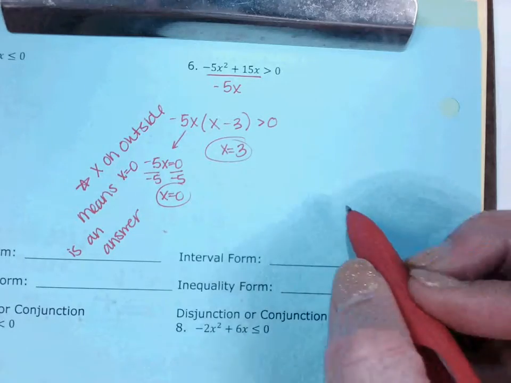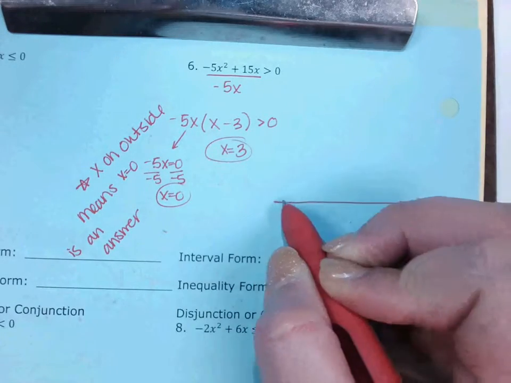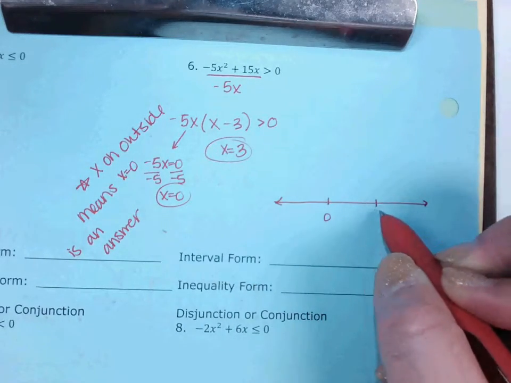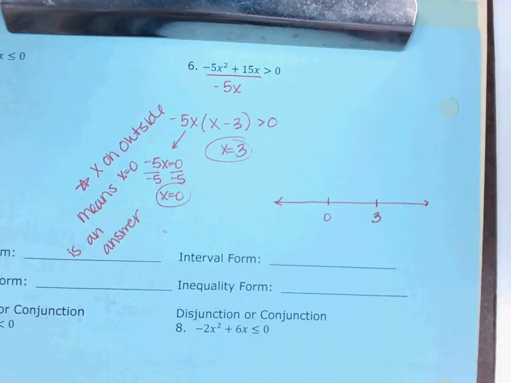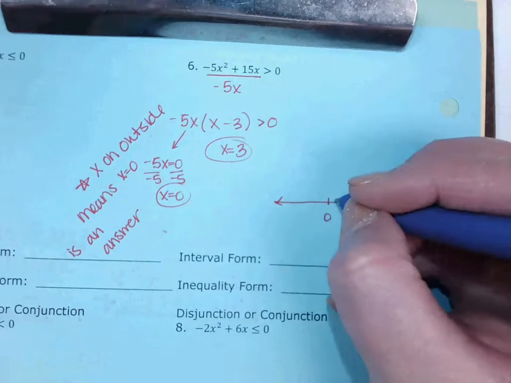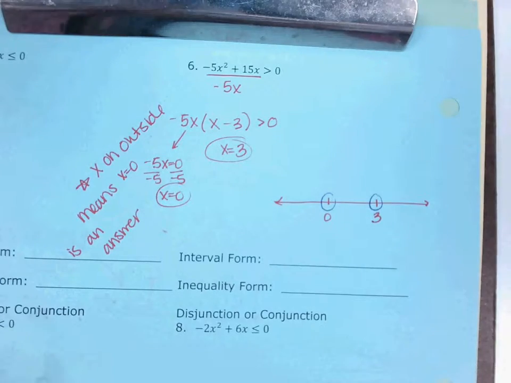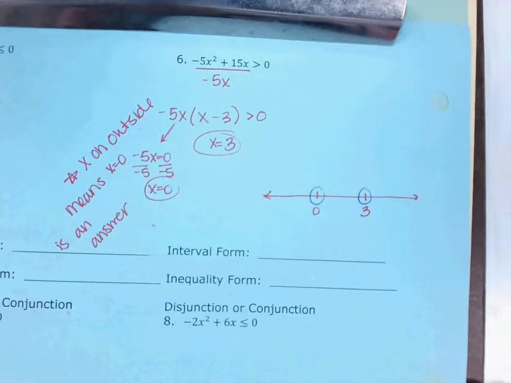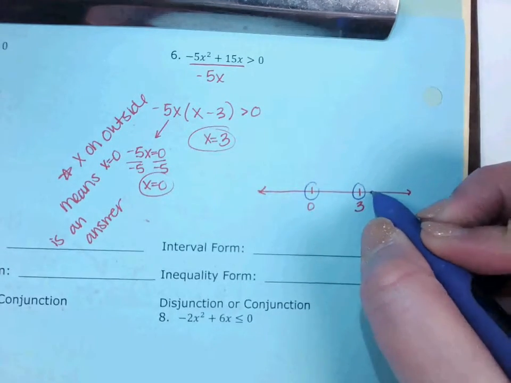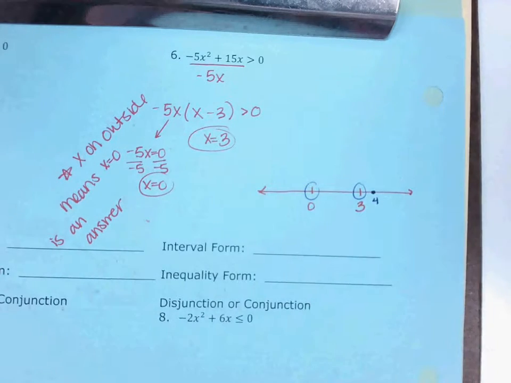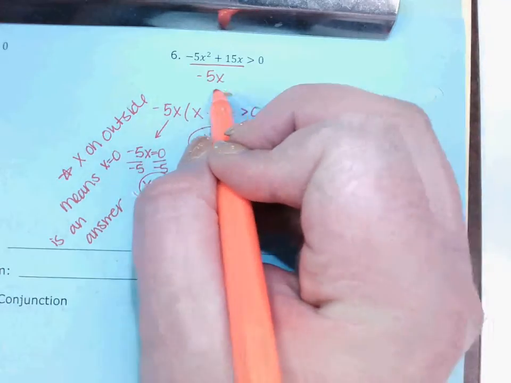So, number line it. 0 and 3. Open or closed? Both open because I don't have an equal to. And then I'm going to choose my test points. What's bigger than 3? 4. When I type 4 into the calculator, I need to make sure to type it in with the negative 5x in the front.